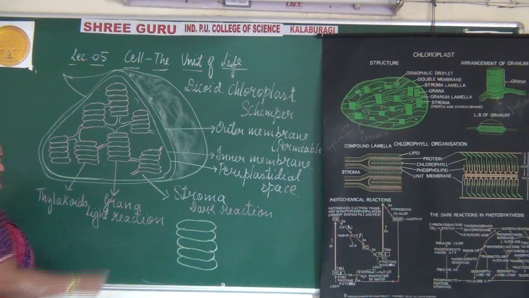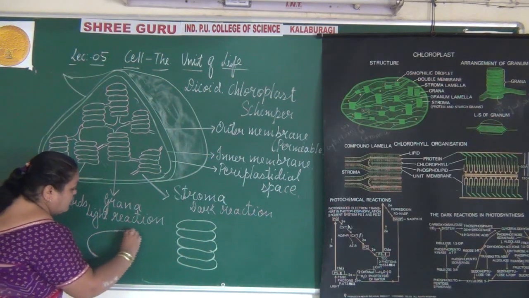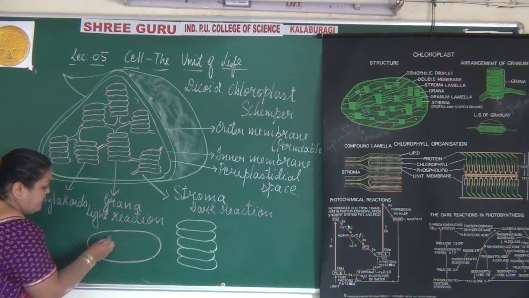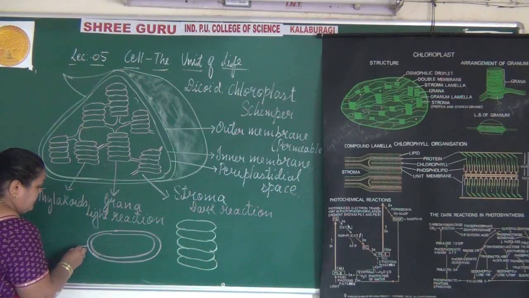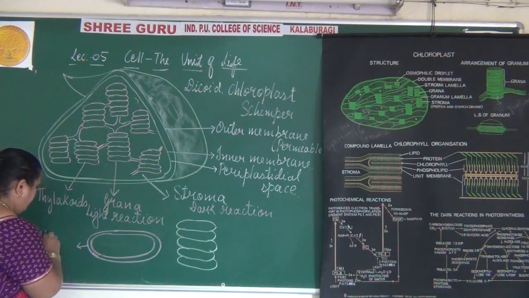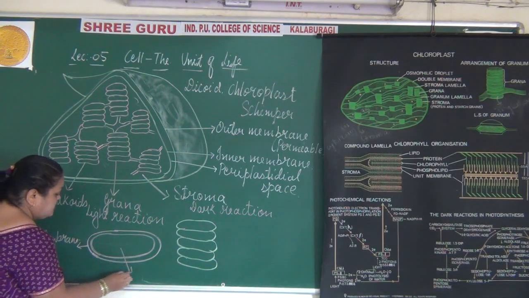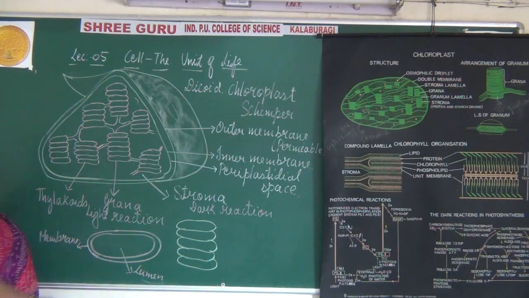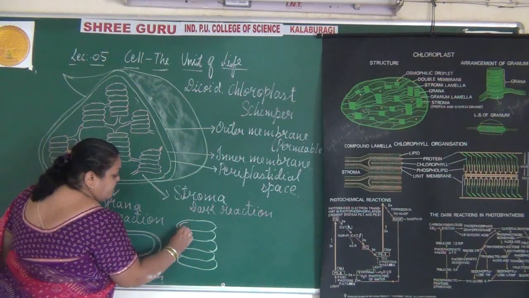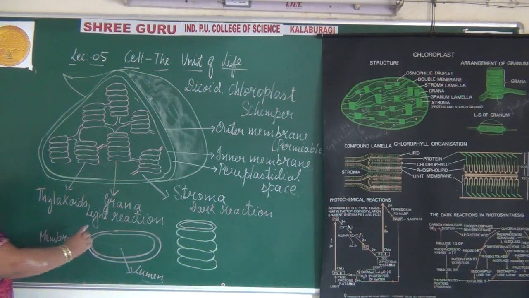If you take a single thylakoid, each thylakoid is also double membrane. It has a membrane and a lumen.